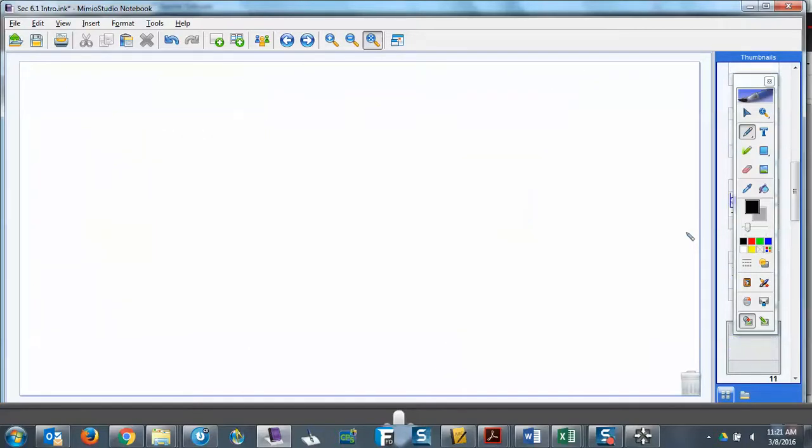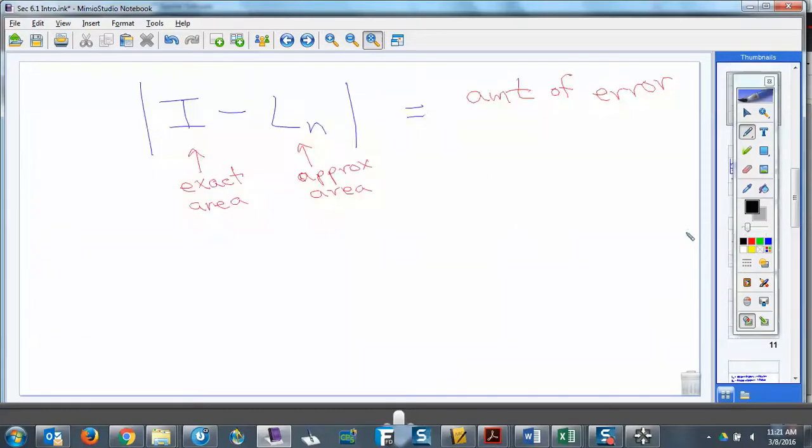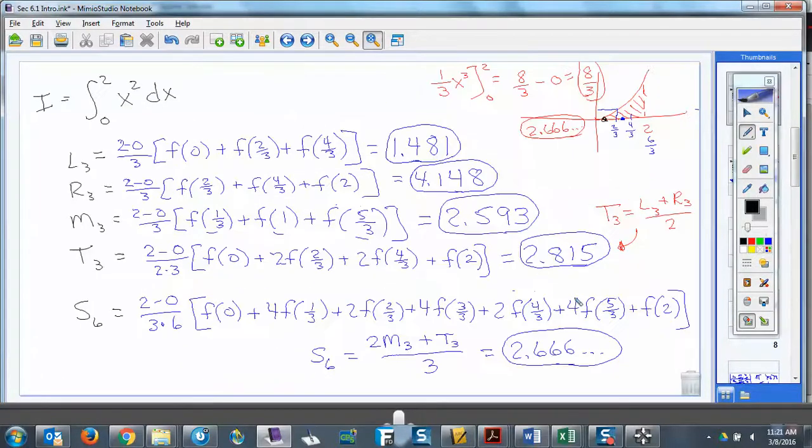Okay, so for your homework. All right, and then there was this line. I said we'd get back to this, but there's really not much to say. On your homework, if it says find this, well, all you need is the exact area, which we did in this last problem. We found the exact area was 2.666 repeating.